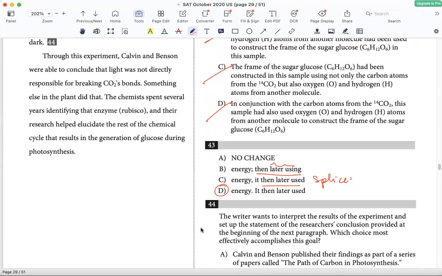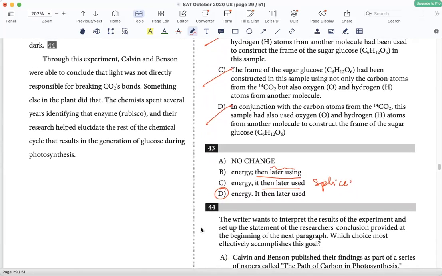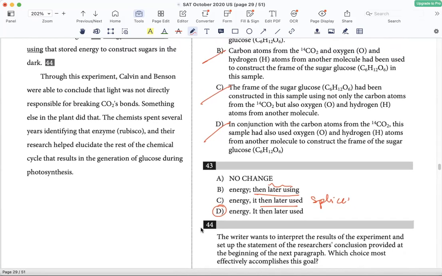The writer wants to interpret the results of the experiment and set up the statement of the researchers' conclusion provided at the beginning of the next paragraph. Which choice accomplishes this? Through this experiment, Calvin and Benson were able to conclude that light was not directly responsible for breaking CO2's bonds. Something else in the plant did that.